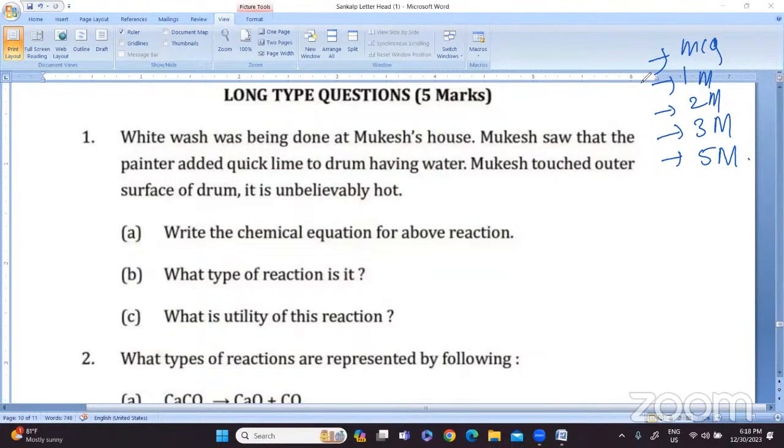Mukesh saw that the painter added quicklime to a drum having water. Mukesh touched the outer surface of the drum and it is extremely hot. So you have to write the chemical equation for the above reaction. What is whitewash first of all?